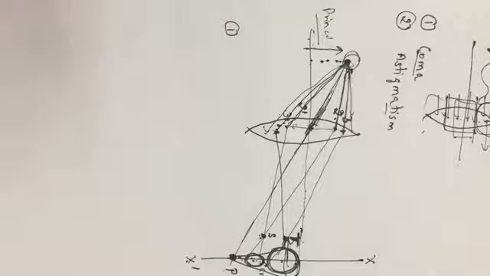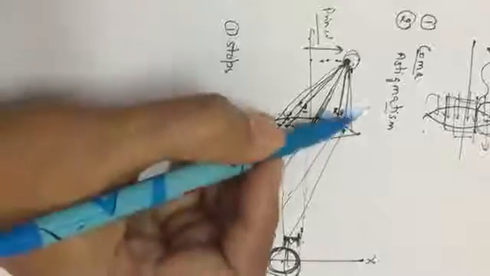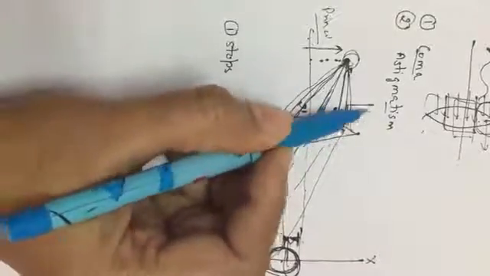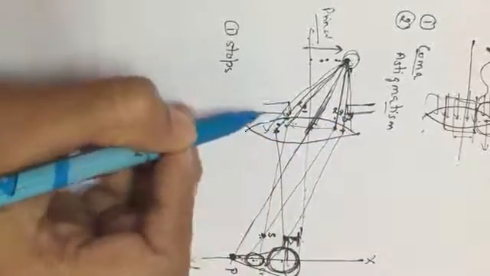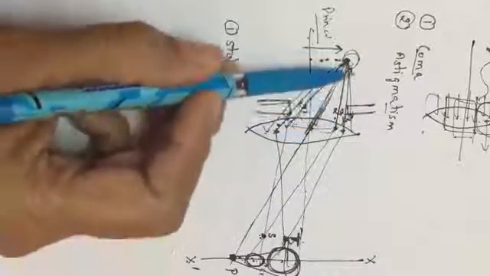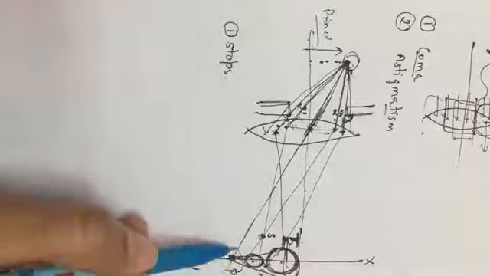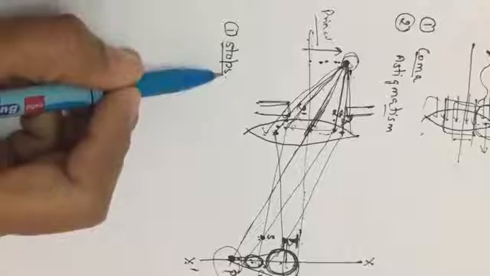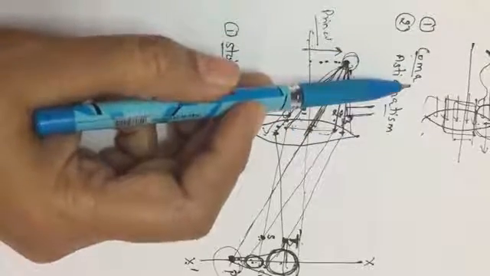One is with the use of stops. By using stops, let us consider if we block the rays of this side and similarly from the downside, then we will have only the rays which are coming from the central part of the lens, and we will obtain a point image. With the help of the stops, we can reduce or eliminate coma aberration.